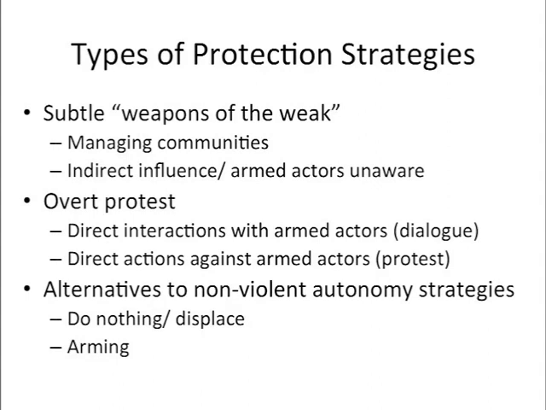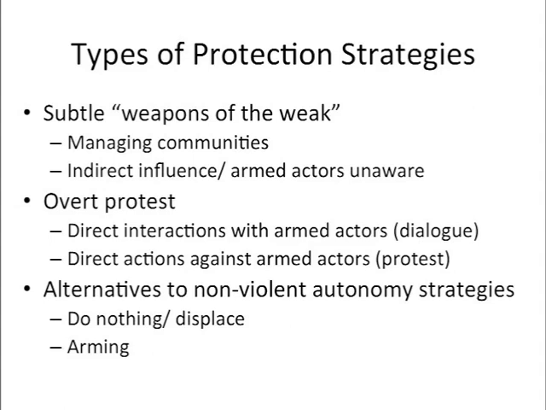To begin with, these strategies can be grouped into more or less two different categories. One are subtle, what you would literally call weapons of the weak. So basically strategies that deal with managing communities and managing communities' involvement in the conflict. And these kinds of strategies, the first grouping, which I'll go over, are indirect strategies of influence.